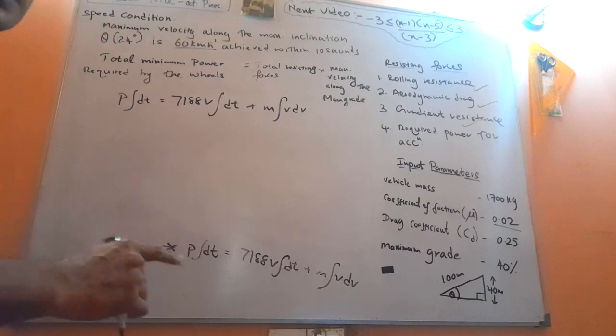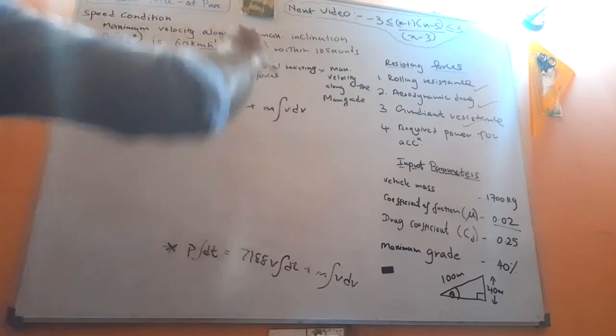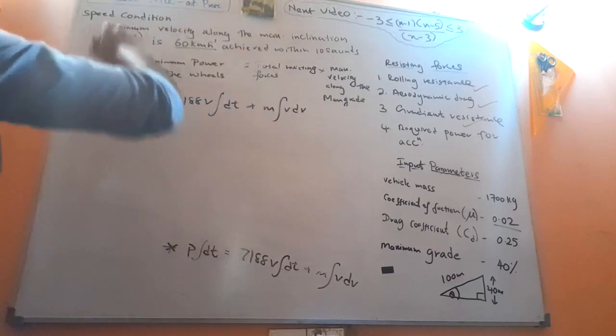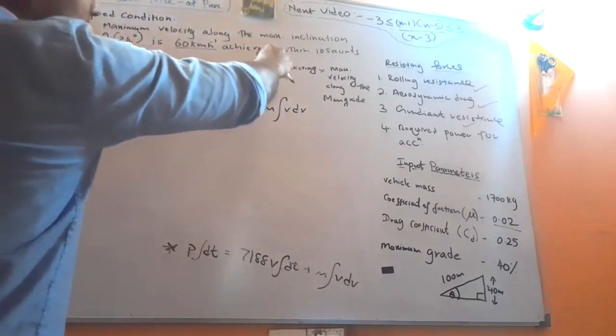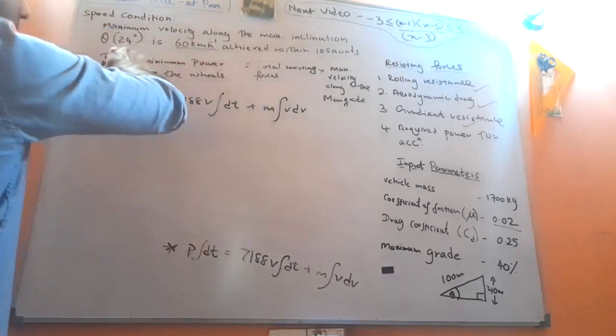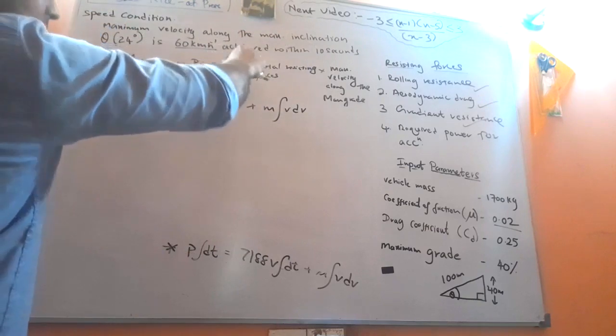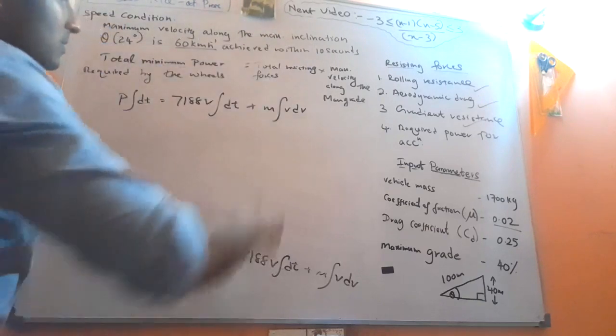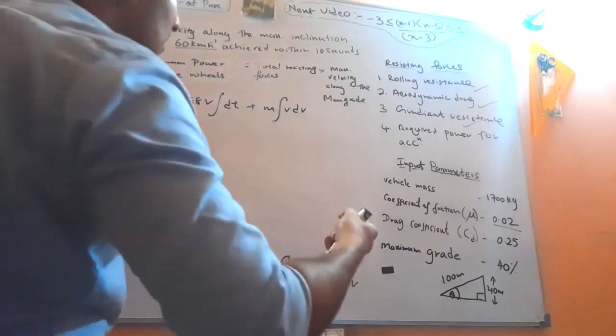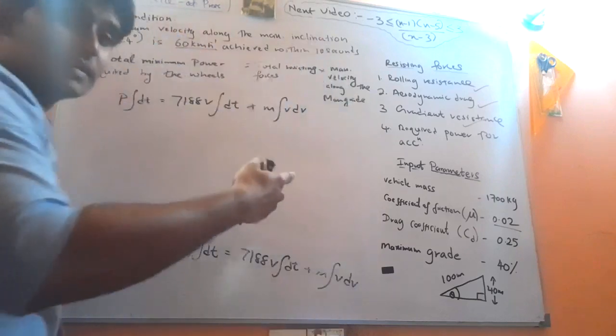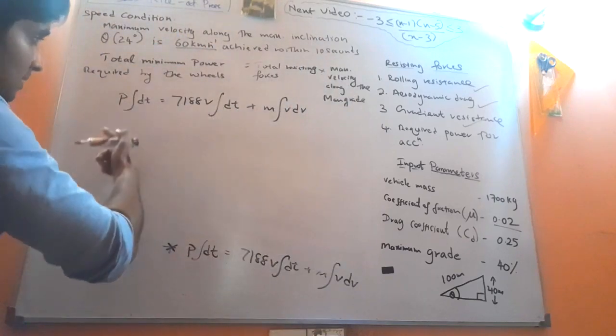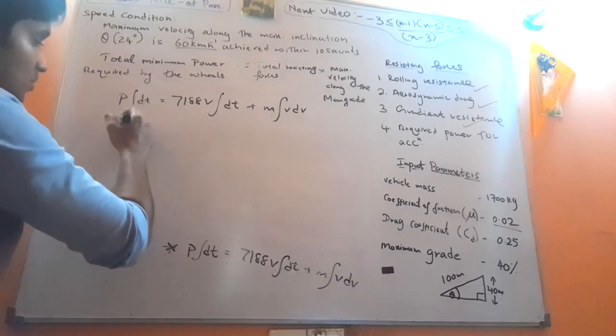Now I want all of you to recall the speed condition data, that is, velocity along the maximum inclination theta is 60 kilometers per hour, achieved within a given time. There you have to specify the time. That time is the interval that we are going to apply here within the limits. What is the limit there?